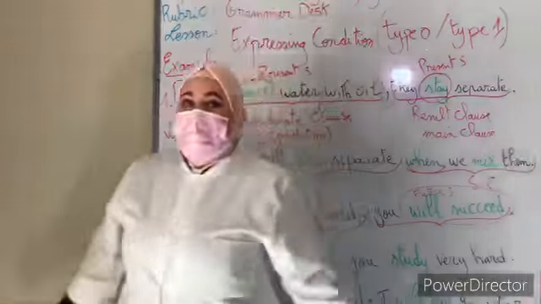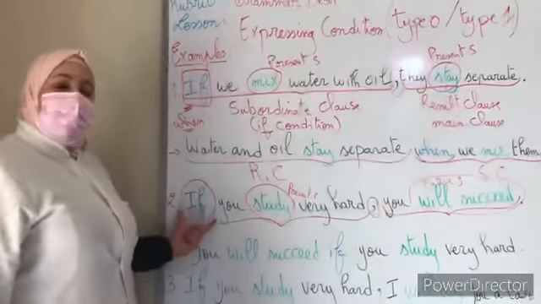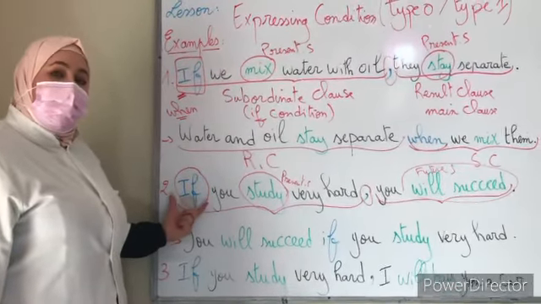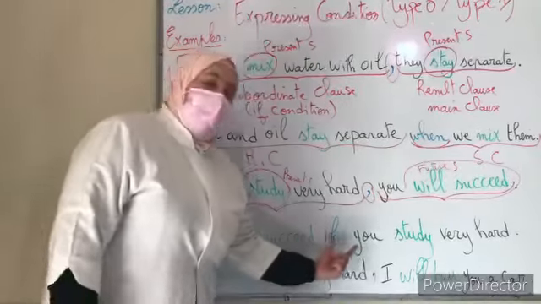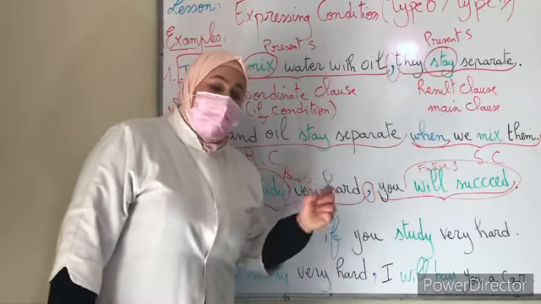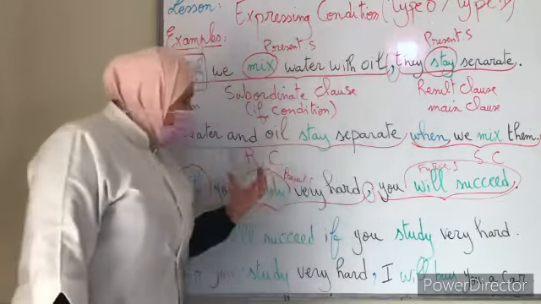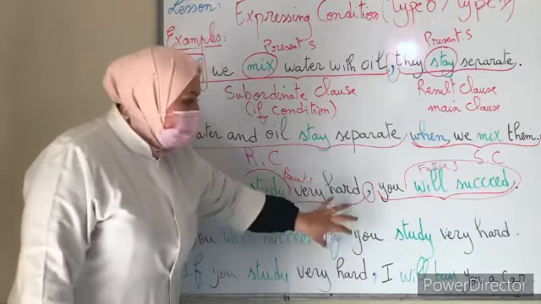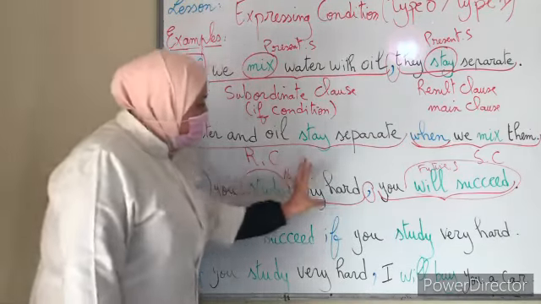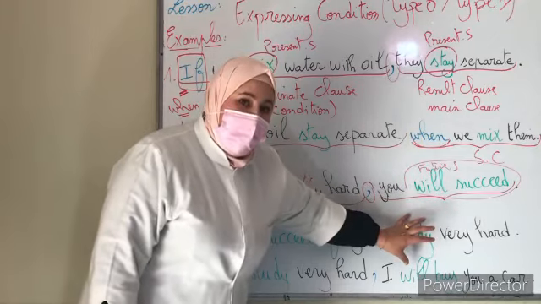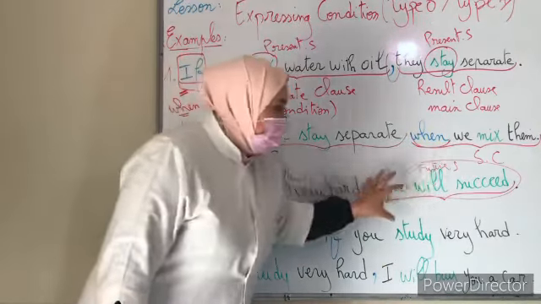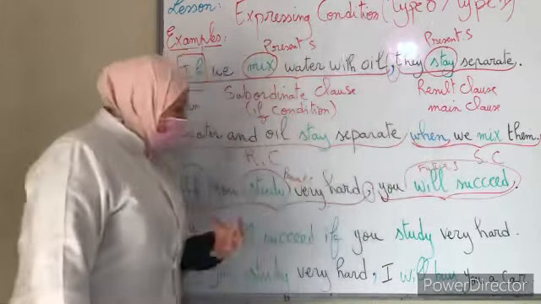As we said in the first example, the subordinating conjunction can be placed at the beginning of the sentence or in the middle of the sentence. And don't forget that when you take the subordinating conjunction, you take the subordinate clause as it is and you place it in the middle. So you are going to start with the result clause. What are we going to say?